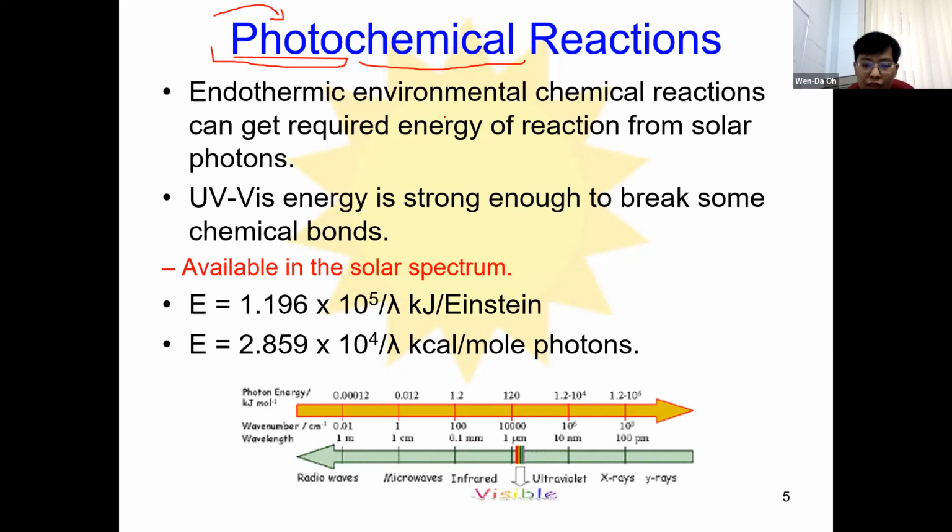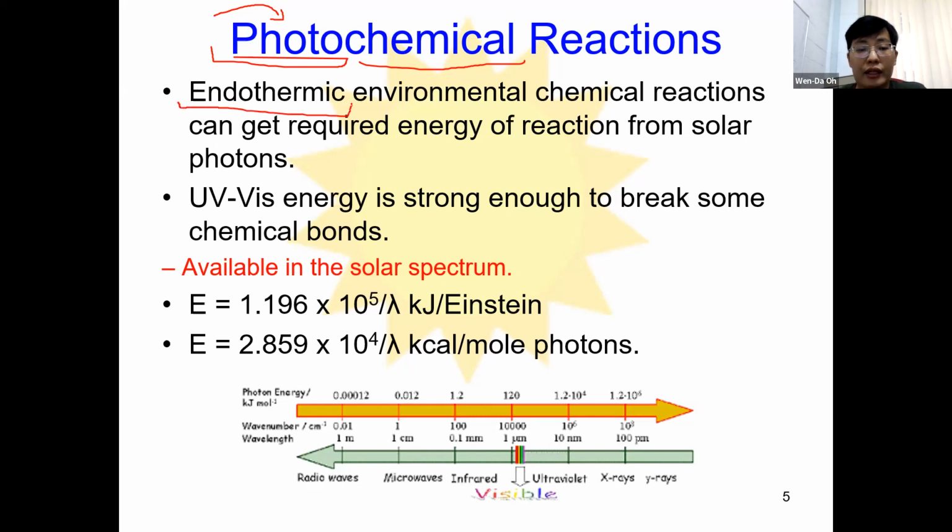So usually in this kind of process, the photochemical reaction involve endothermic process, because as you know, the sun provides energy, and then this energy is absorbed by certain pollutant in the environment, okay? And the absorption of this energy enables the reaction to happen, right? So if absorption of energy, usually we call it as endothermic process.